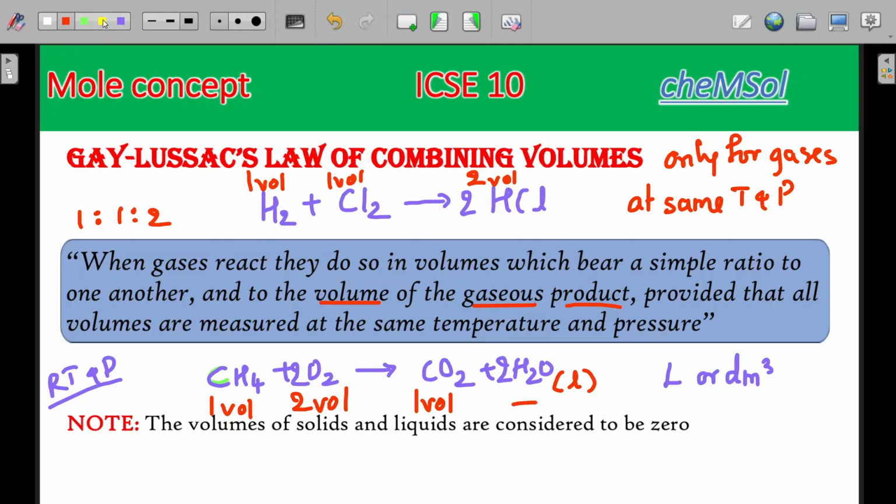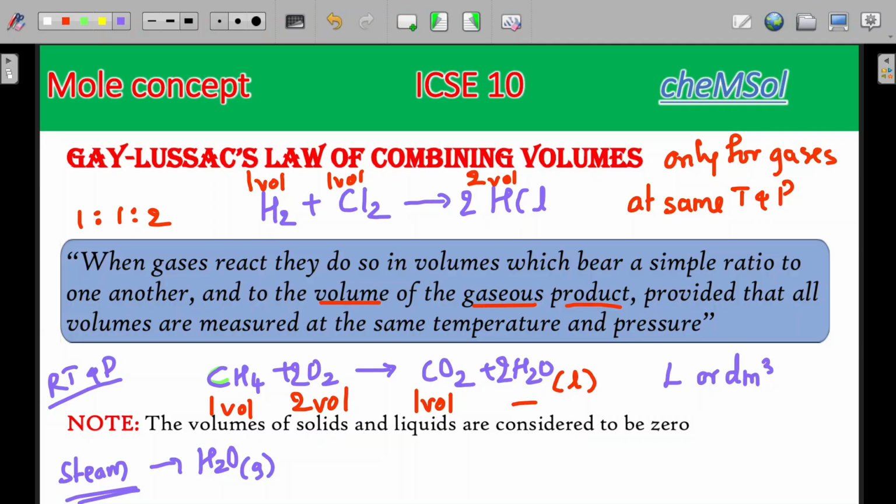Now the same question they can change. When methane burns with oxygen, it forms carbon dioxide and steam, they mention. Now steam is what? H2O in the gaseous state. That time you have to use the water, or steam, as well.